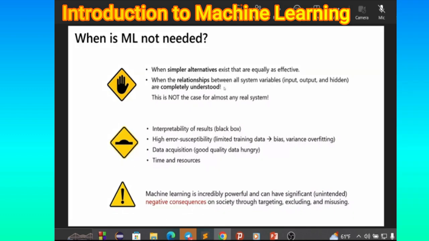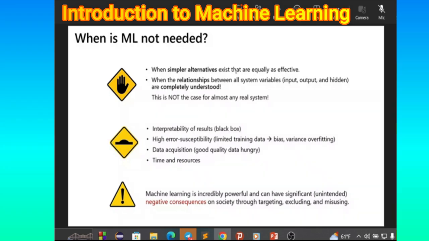And also when the relationship between all system variables is completely understood. Usually a machine learning model is very effective when things are complex, especially when you are not able to explain them. For example, vision, speech recognition, or classification of an image, when thousands of attributes have to be understood and then used to classify a particular image into a certain type.